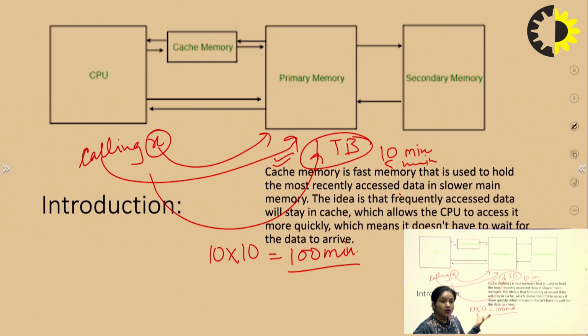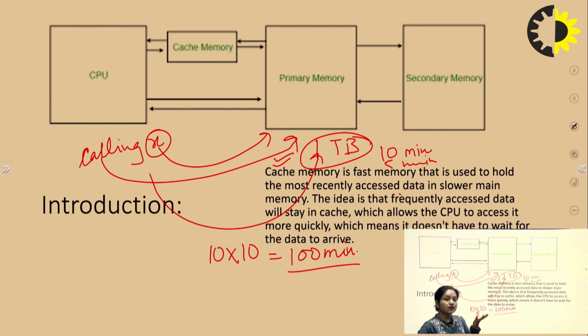So to address this problem, where for the same data we go to the main memory 10 times, searching, fetching and then executing each time, the concept of cache memory was introduced. Suppose we use a small memory.